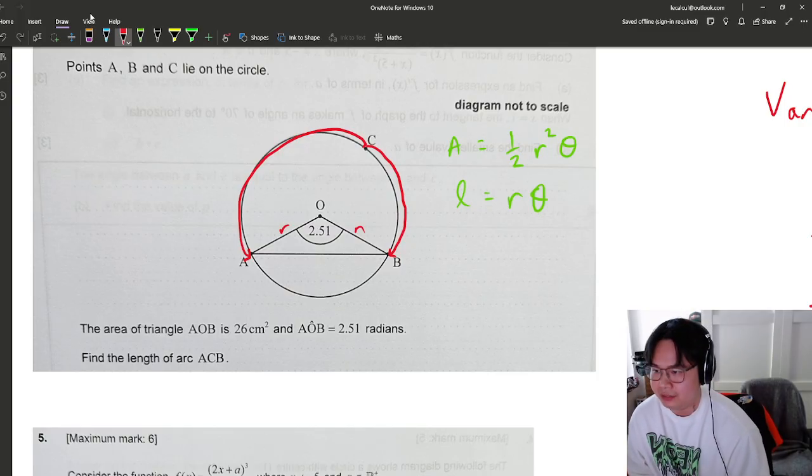We're going to use the fact that we know the area of the triangle is 26, and we know that the angle is 2.51.